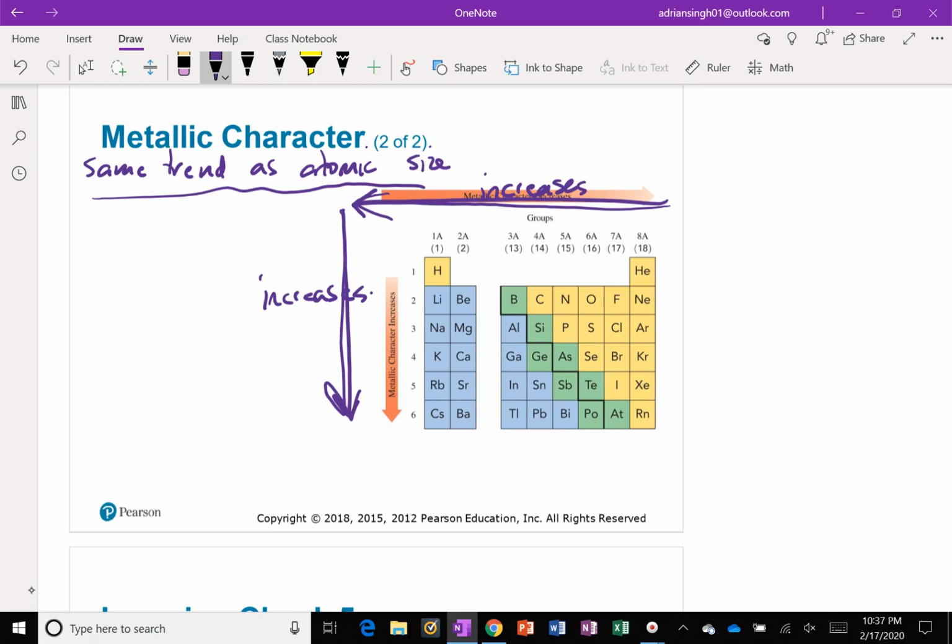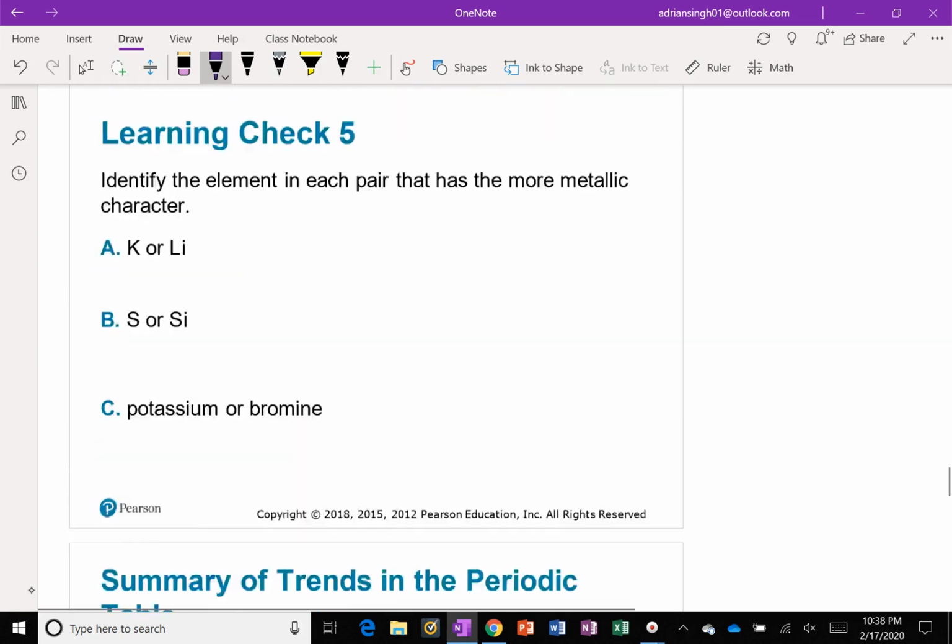So it would make sense that metallic character increases from right to left. So for example, something like sodium compared to something like cesium, cesium would be more metallic than sodium would because it's further down in the periodic table. And then sodium would have a higher metallic character than something like argon, which is over in group 8.